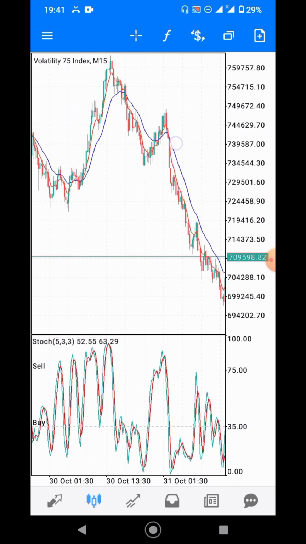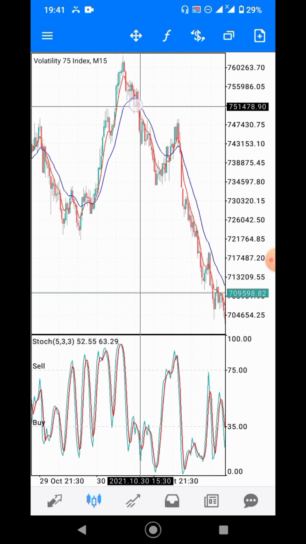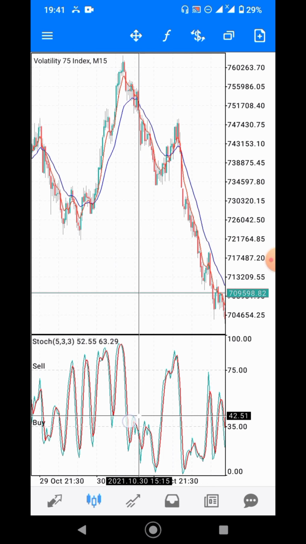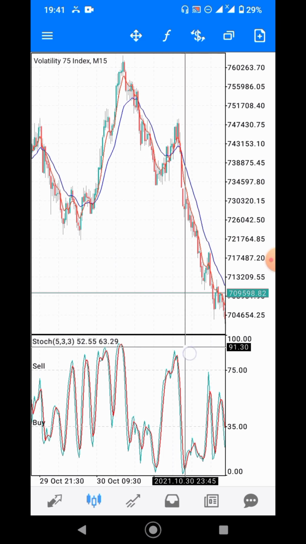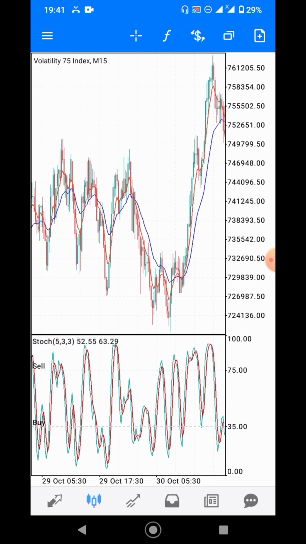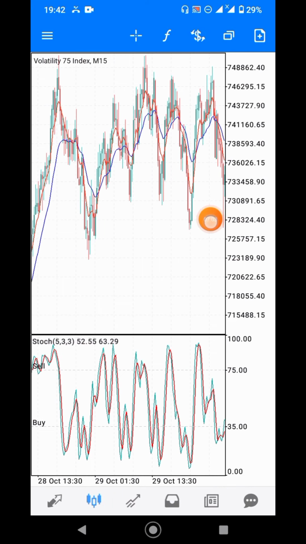This indicator is very, very effective. You can see a cross occurred here, but in our stochastic the cross is not above our level 75. Although it sold, even if it went well, we won't enter the trade. If you see price ranging or consolidating, you avoid trades like this.